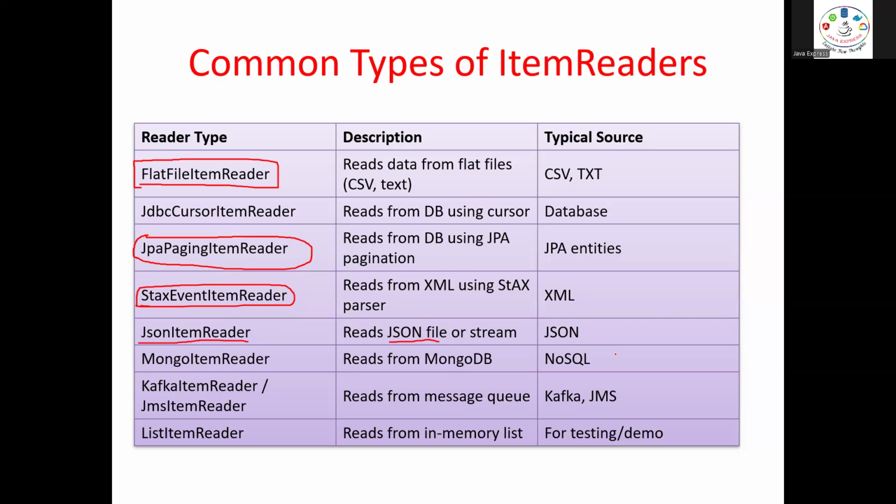If you are using a Mongo database, then use MongoItemReader. If you are using messaging systems like Kafka or JMS, then you can use KafkaItemReader or JmsItemReader. These are messaging brokers.